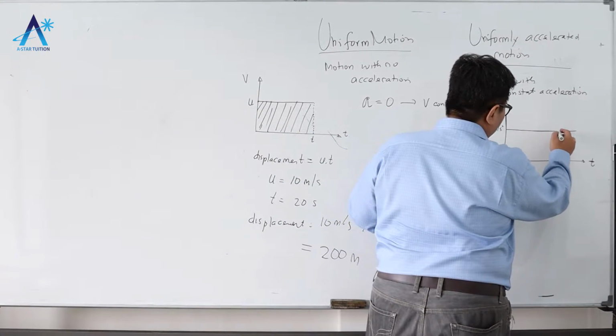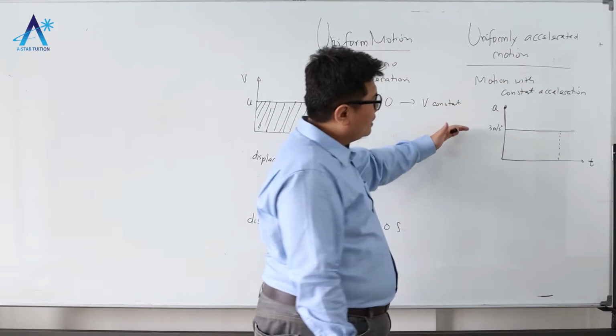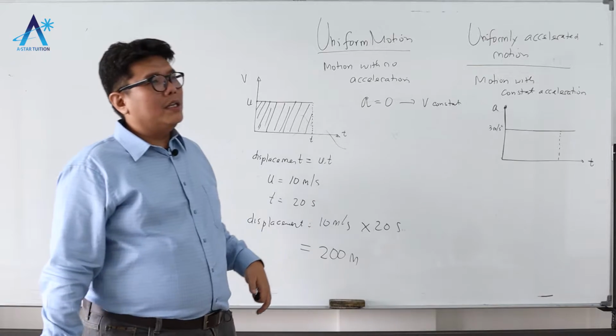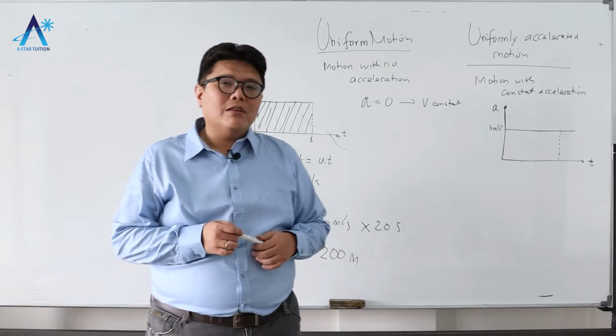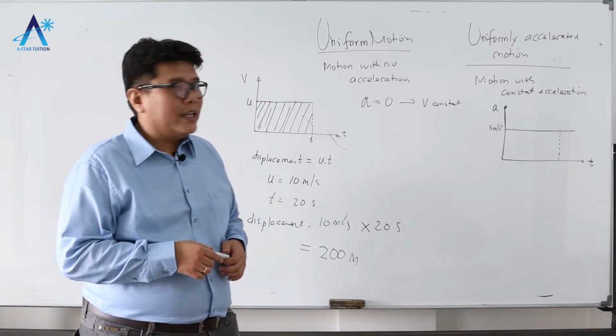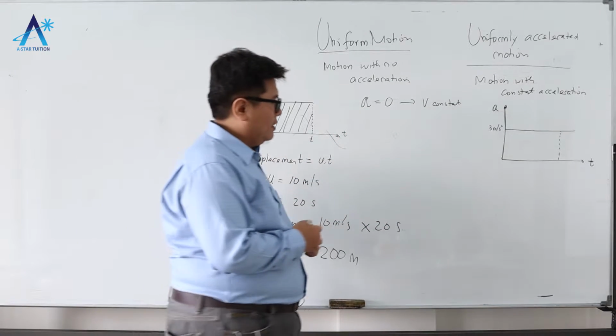Now as time goes by, you see that the a again is constant. From the previous video, we learned that if we have an acceleration function time graph, then we can actually calculate the change in velocity by calculating the area under the acceleration function time graph.